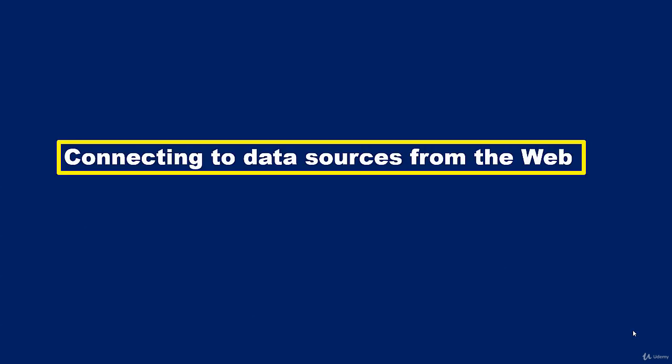In this video, I'll be showing you how to connect to a data source from the web. Imagine that you are trying to retire and you are looking for places to live, and you have some criteria that you want to check to make sure that the places you want to live meets those criteria.